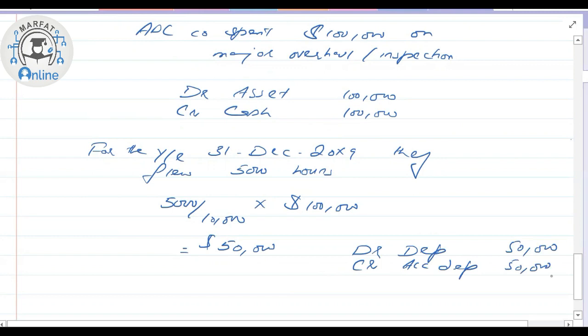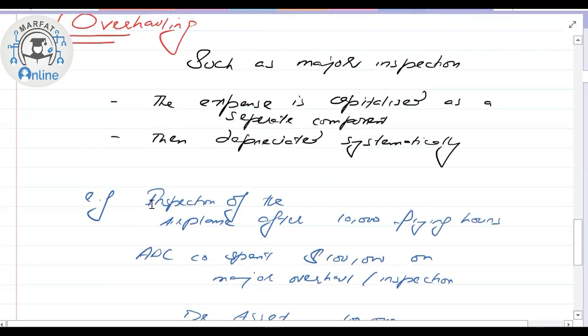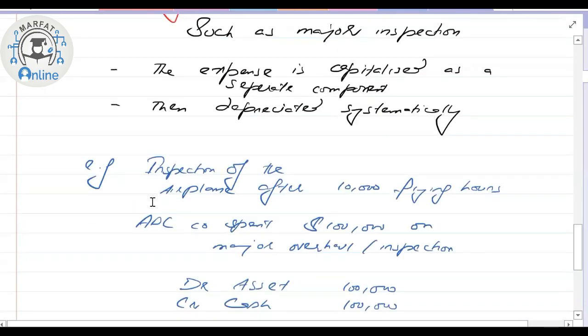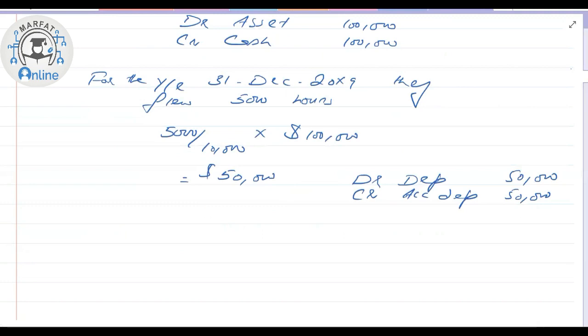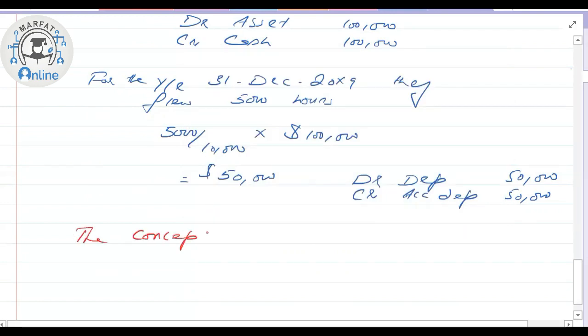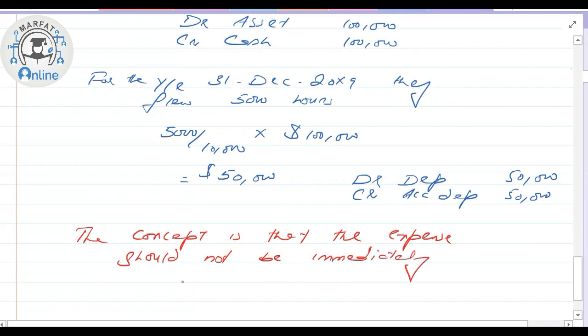So that means the concept is that when the entity is doing an overhaul, any type of overhaul, and they are spending some amount on it, that expense should not be immediately expensed out.